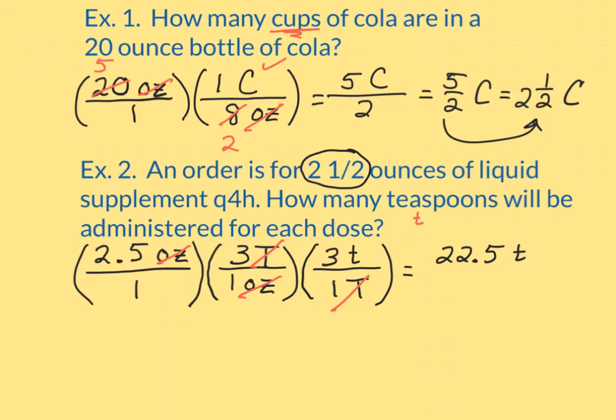Something that we're going to be talking about throughout this course is, now that you know that 2.5 ounces of liquid equals that many teaspoons of the same liquid, which way should you be measuring it? Should you be trying to measure out that many teaspoons into another container?